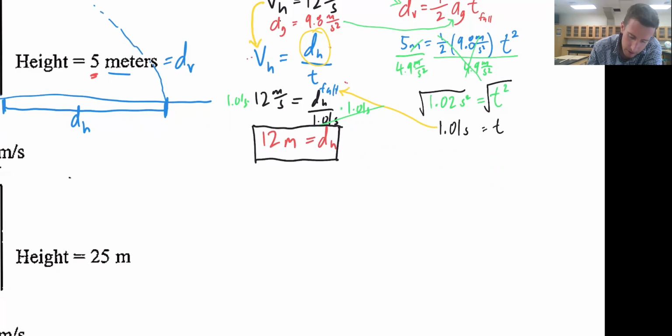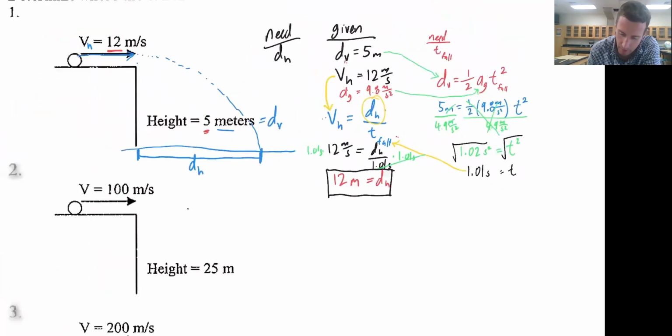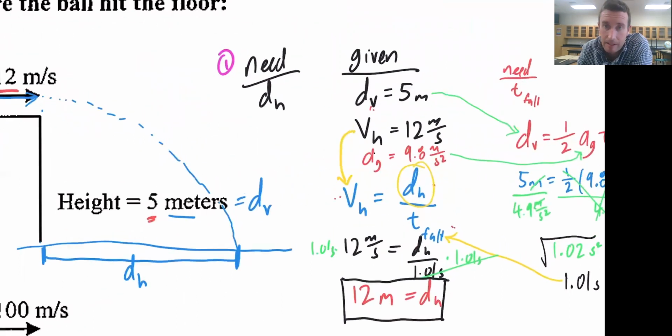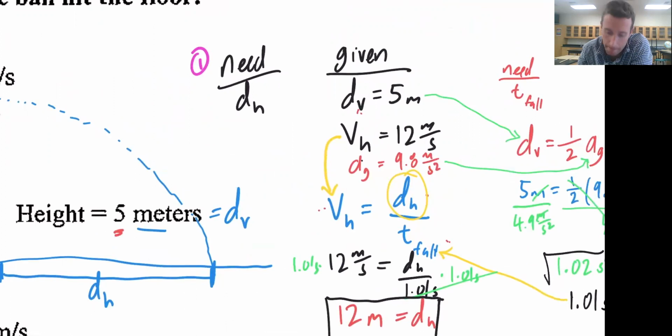Okay, so let me just go back and I'll show you what that sequence of steps was so that we can make sure that we got it all right. So number 1, I identified my needs and my givens. That's in black. Okay. Number 2, I set up the equation that I wanted to use for horizontal distance or horizontal velocity.